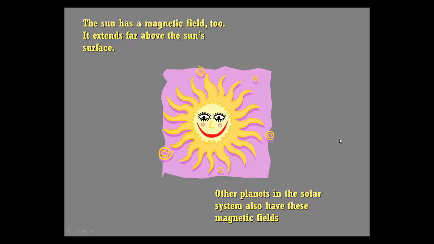This matters to us because the sun actually gives off magnetic waves and magnetic material, and we call it the solar wind. It's actually just energy coming towards the earth.